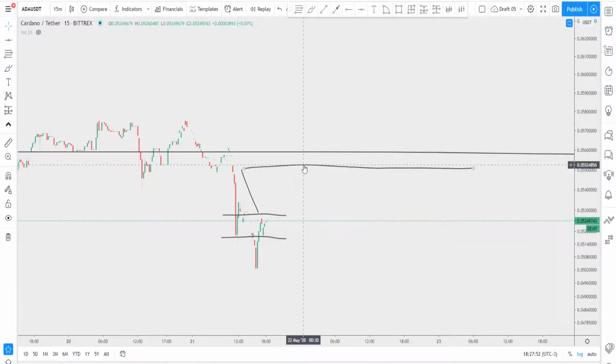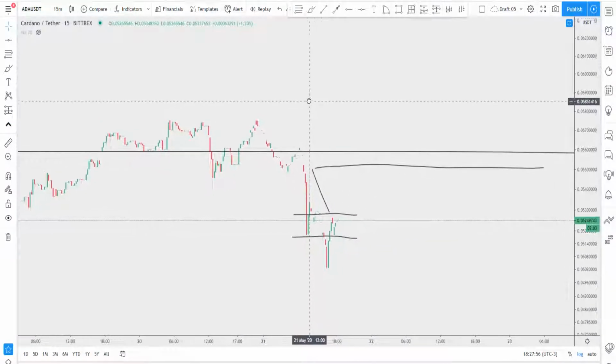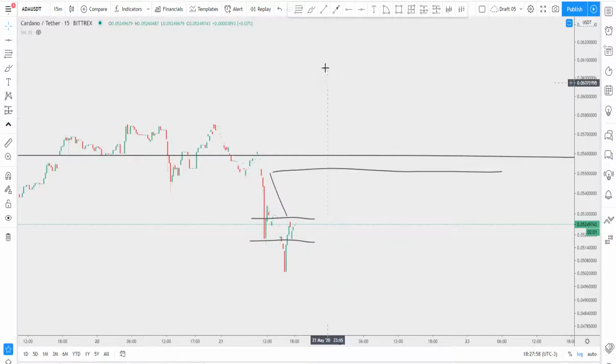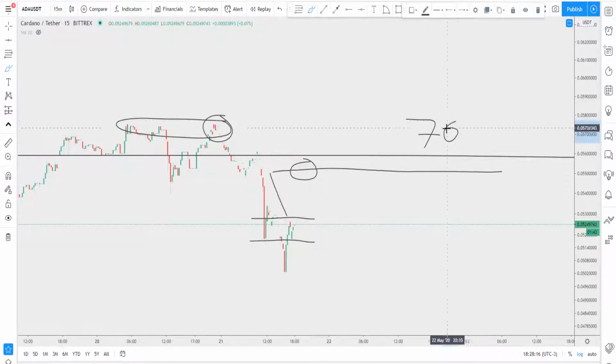So what we will look for here, this is our previous high, and the target for this trade will give us another lower high. So we have this key level here that is the 780.60, and what we may look for here, just a second, let me clear this mess.